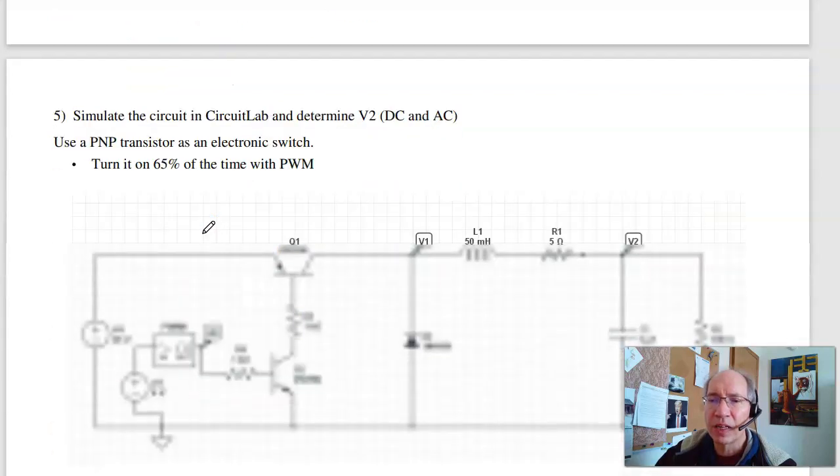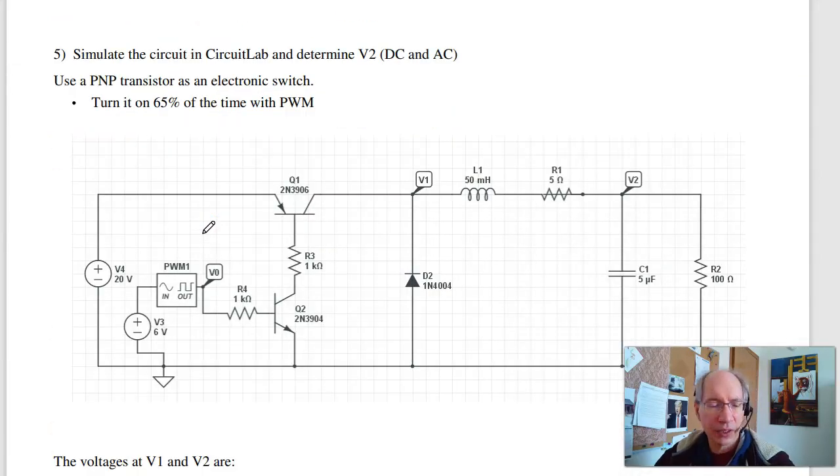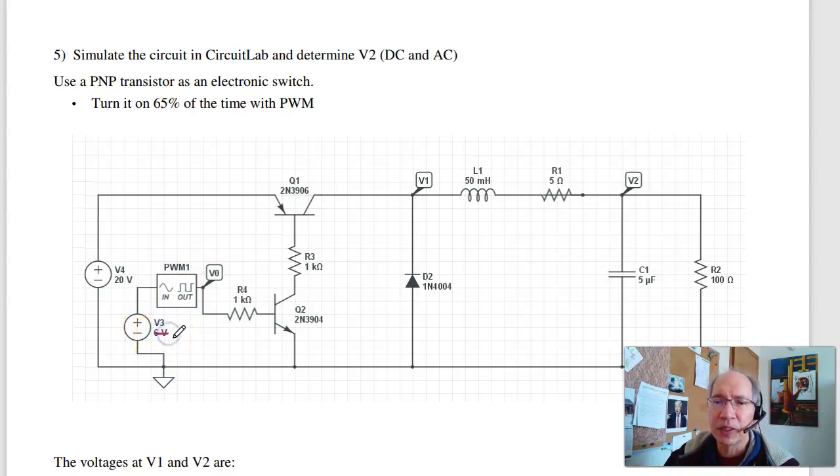If I simulate in CircuitLab what the PWM does, I have this go 0 to 10 volts. So 0 volts is 0% PWM, 10 volts is 100%. I want this to be 65% duty cycle, so this is 6.5 volts. That makes this 65% duty cycle.